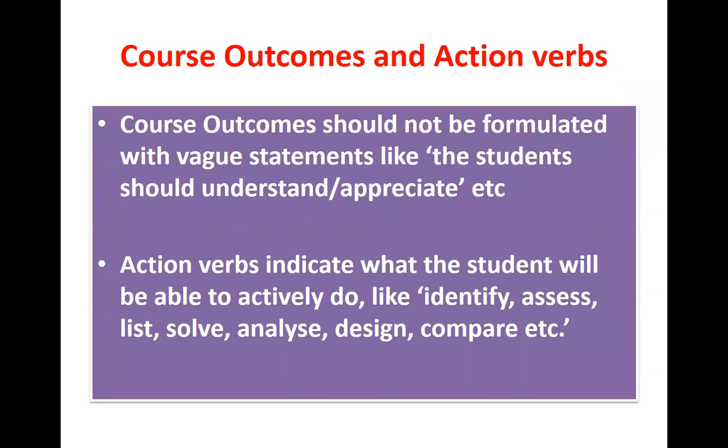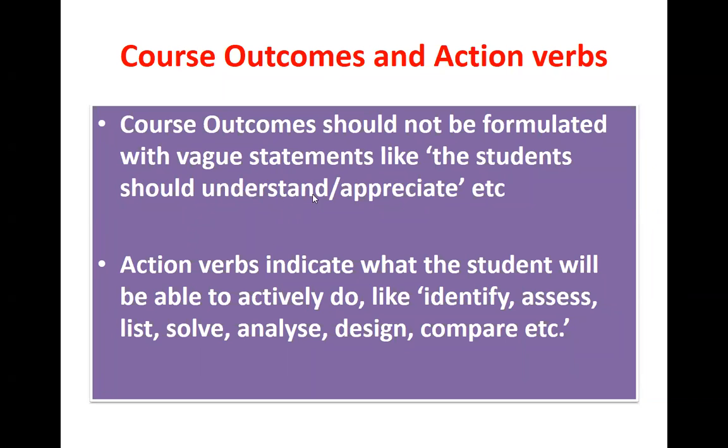So I've told you that you need some action to be achieved in the course outcome. So a course outcome should not be formulated with vague statements like the student should understand, appreciate, students should study, etc. The problem with these statements is you cannot measure them.